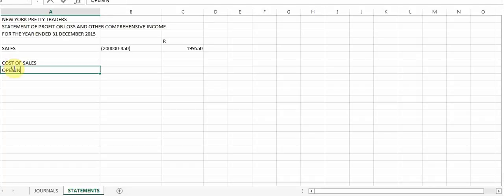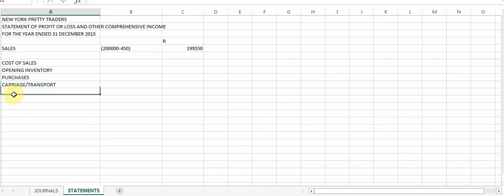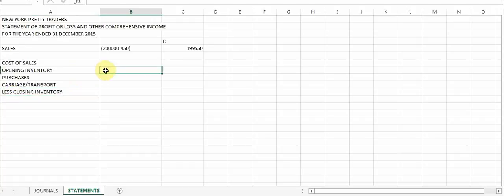Next on the layout is cost of sales, and cost of sales is something that I have to calculate. I start with opening inventory, then I have purchases, I have carriage or transport costs, and then I need to less closing inventory. Right, opening inventory, that was given to me in the trial balance as 22,000 rand.